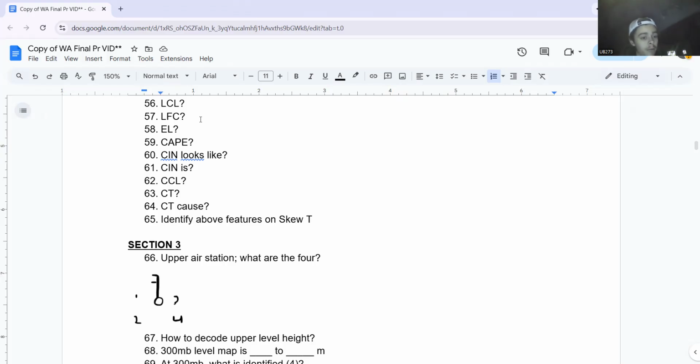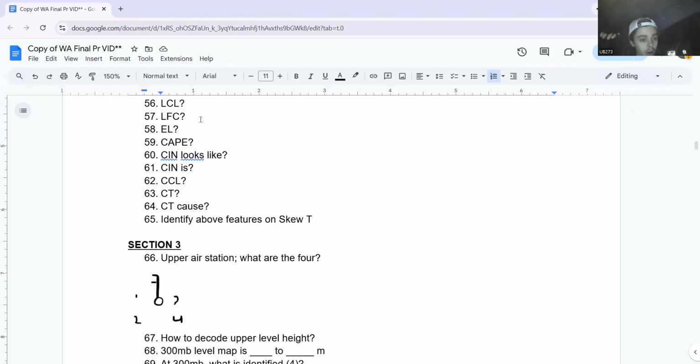CAPE, remember, is convective available potential energy, and it is the shape that's created between the LFC and the EL. The more of that there is, the higher the chance of thunderstorms.